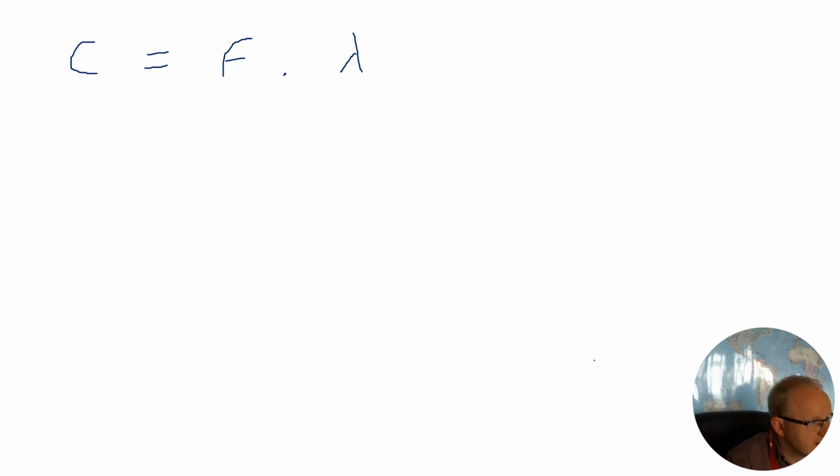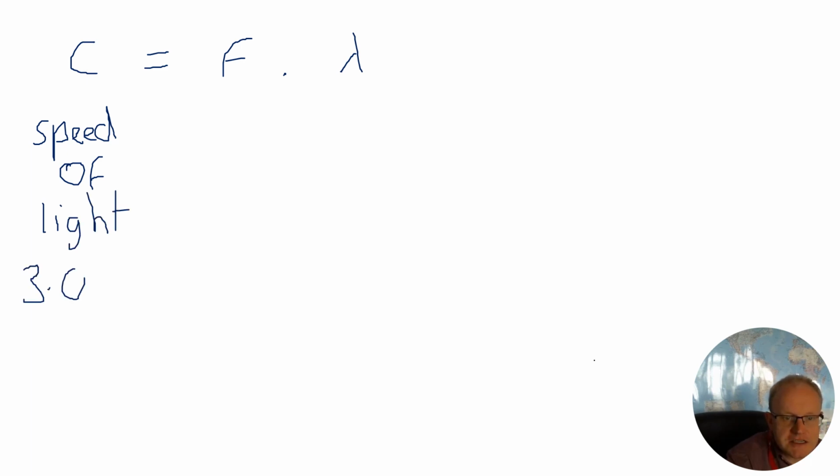Speed of light. Yeah? So C is the speed of light in a vacuum. And it's 3.00 times 10 to the power of 8, and that's meters per second because it's speed.